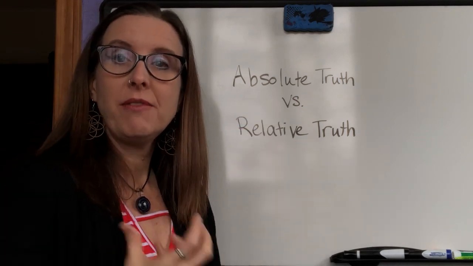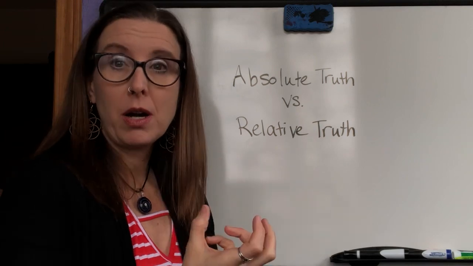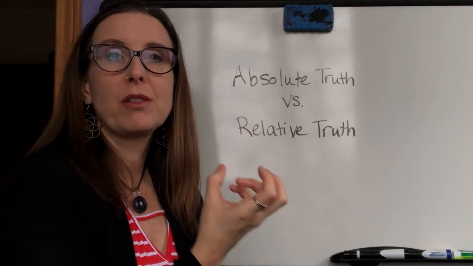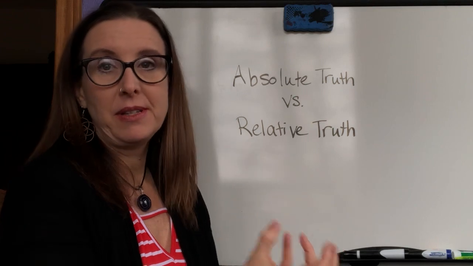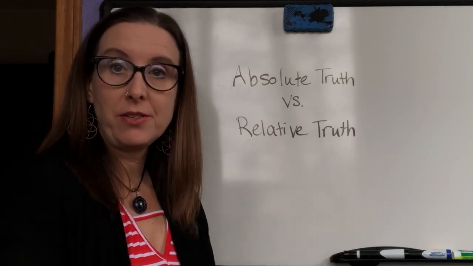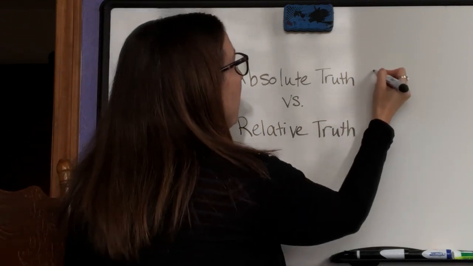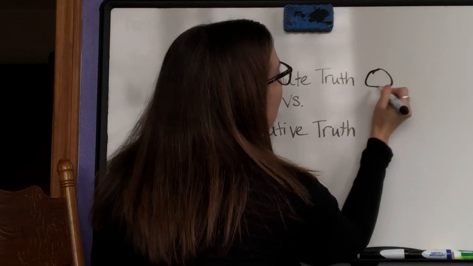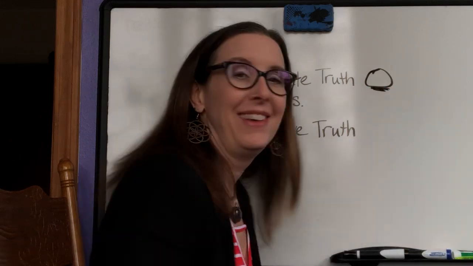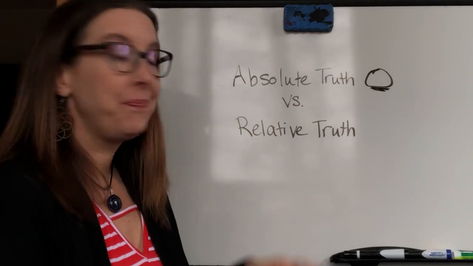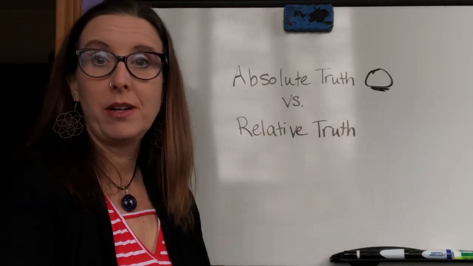And you can think of it as like stone, like a rock. It doesn't move. Rocks don't melt super easily. It takes a lot for something to change a rock. So our example for absolute truth is a rock.